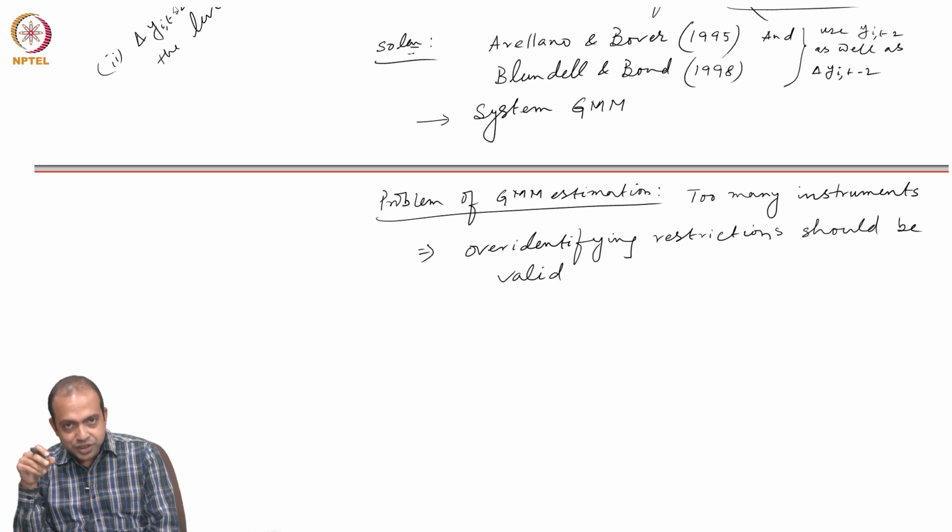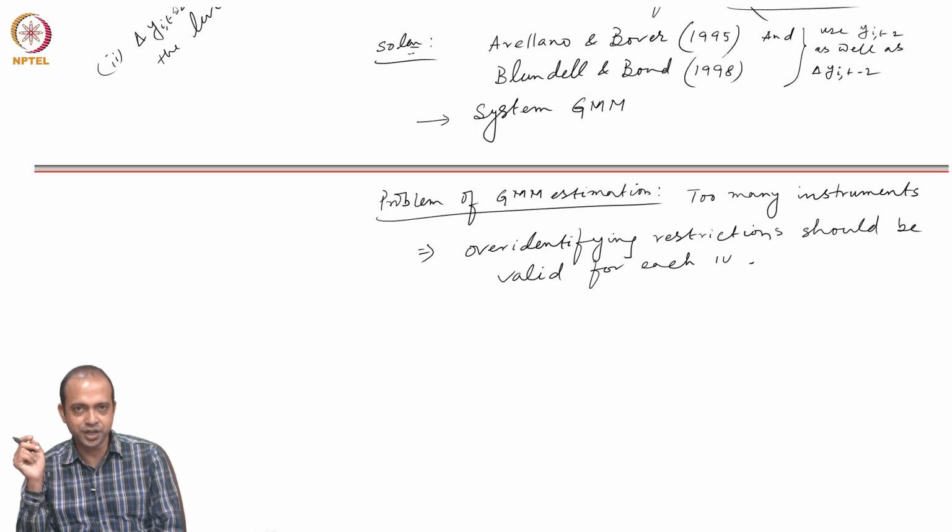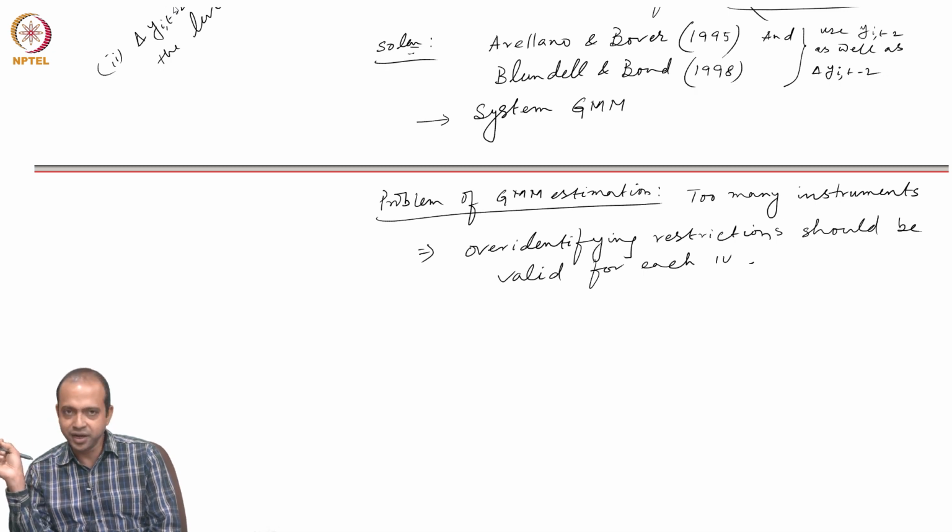And when your instruments are coming from within the model, then one thing is guaranteed, that they are highly correlated with the endogenous variable here, Y(i,t-1) minus Y(i,t-2). So, that part is guaranteed. They are all highly correlated with the endogenous variable.